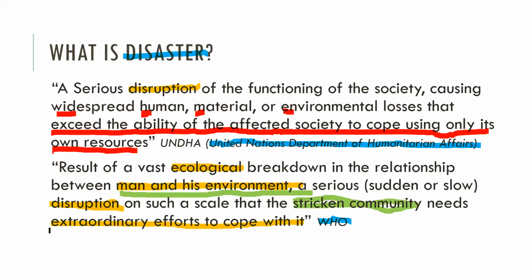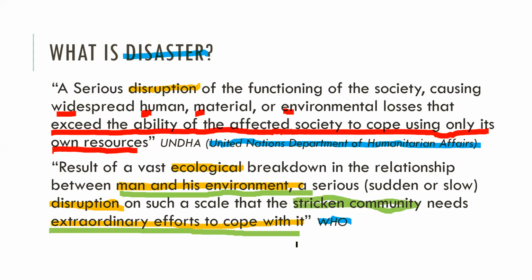And the community will need extraordinary effort to cope with. So the WHO viewed the disaster as a breakdown in the relation between us and our surrounding environment. Actually, this happens in any disaster.